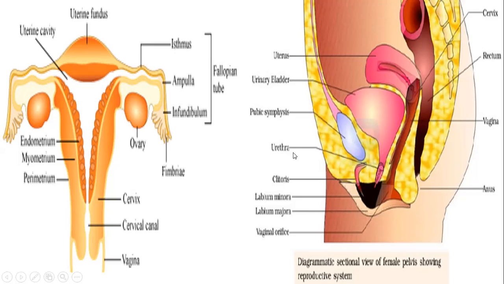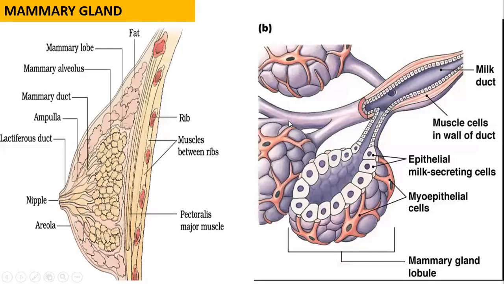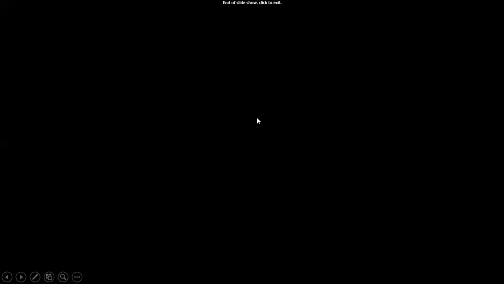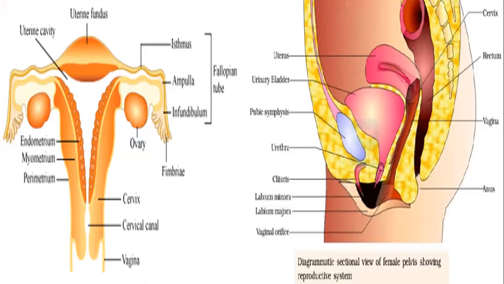Then there is external genitalia made up of the pubic symphysis, the clitoris, labia minora and labia majora. Then there is the vaginal orifice, which is covered by one membranous structure called the hymen.